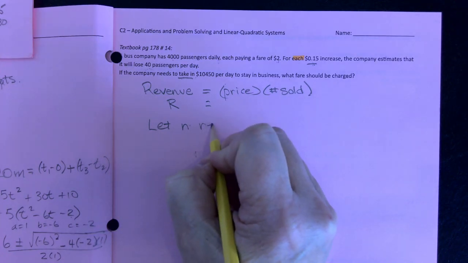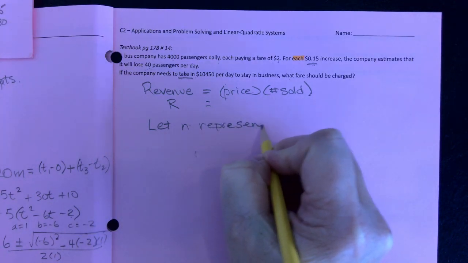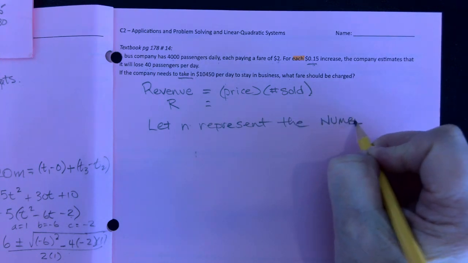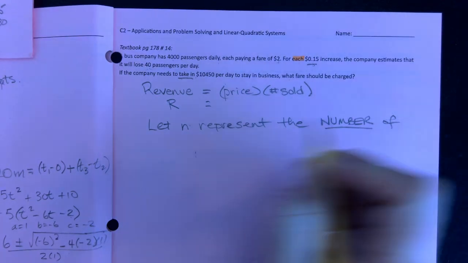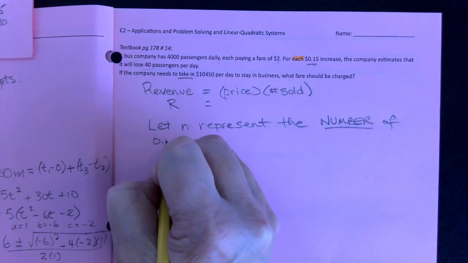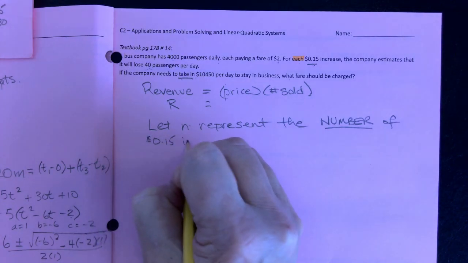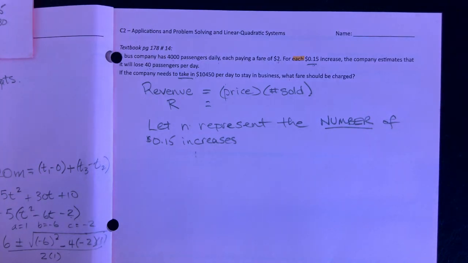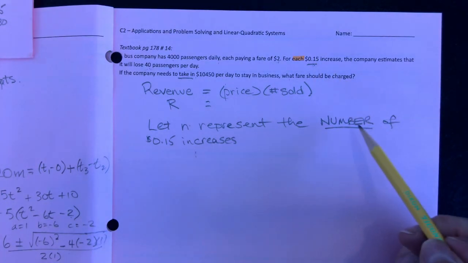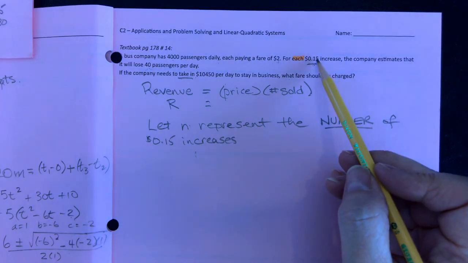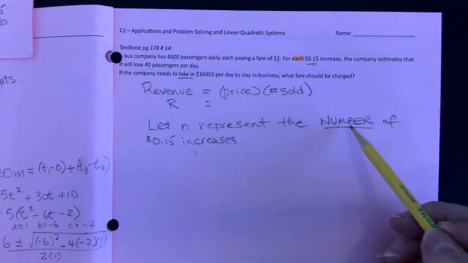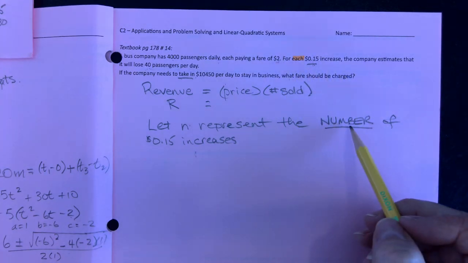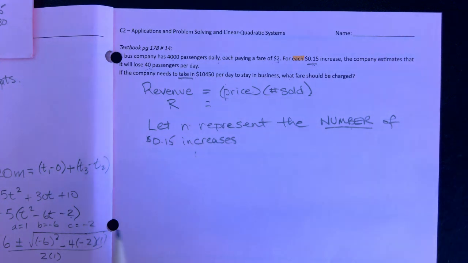Let n represent the number, this is important, the number of 15-cent increases. Okay. I might choose to increase it once, so the number is 1, in which case the fare would be $2.15. If I increase it twice, the fare would be $2.30. If I increase it 3 times, the fare would be $2.45, and so on.